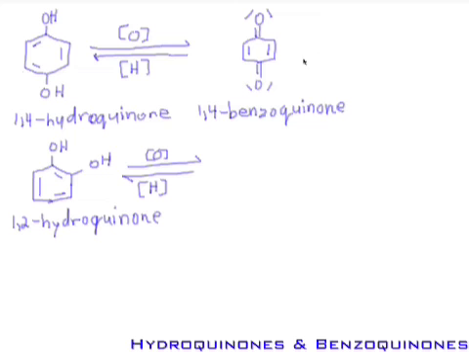Now when you do this oxidation, you get 2H plus and 2 electrons. In the case of 1,2 hydroquinone, oxidation will yield 1,2 benzoquinone.